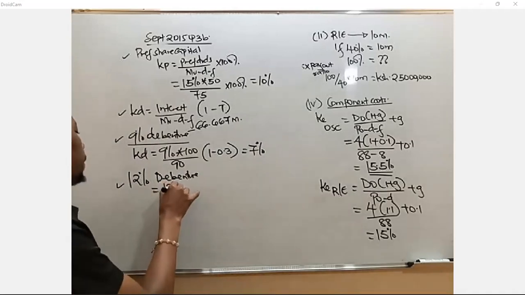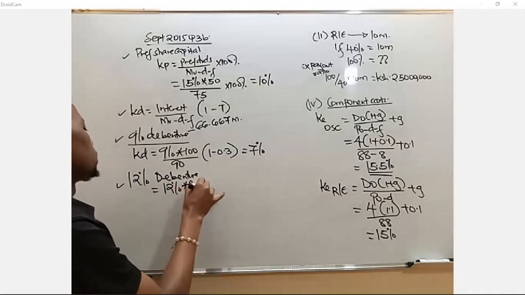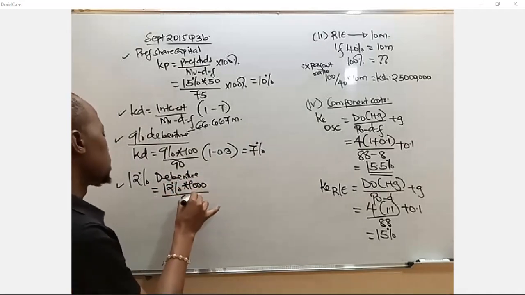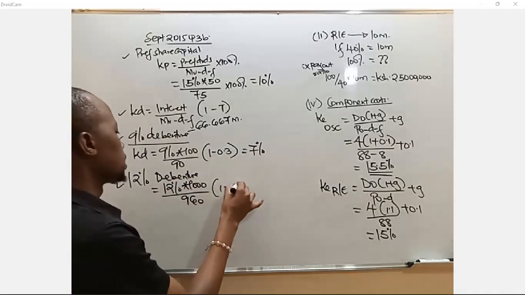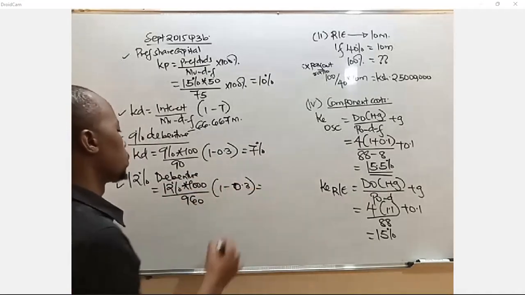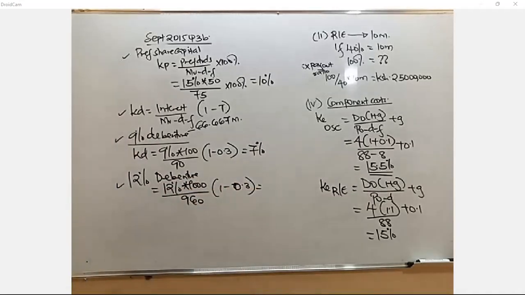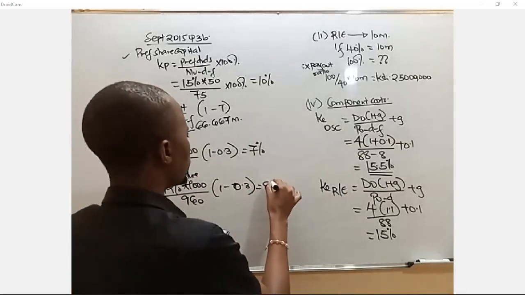So it will be 12% times 1,000 divided by 960. Then adjust for tax, 0.3. It will be 0.12 times 1,000 divided by 960 times 0.7. We are getting 8.75.